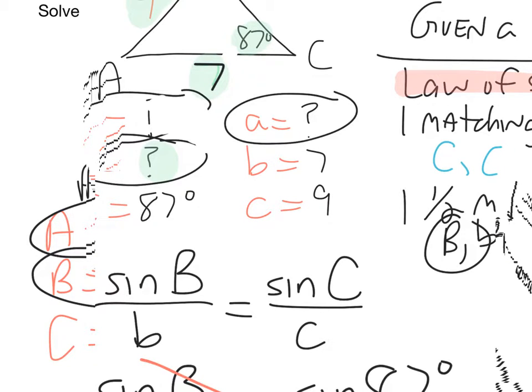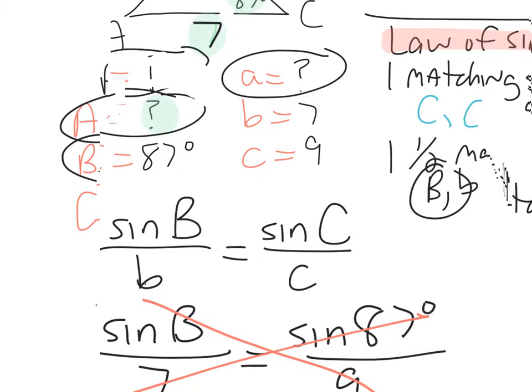So I'm going to have 9 times the sine of angle B equals 7 times the sine of 87. And I'm solving for angle B, which means now I'm going to divide both sides by 9. So here I'm going to have the sine of angle B equals 7 times the sine of 87 over 9.